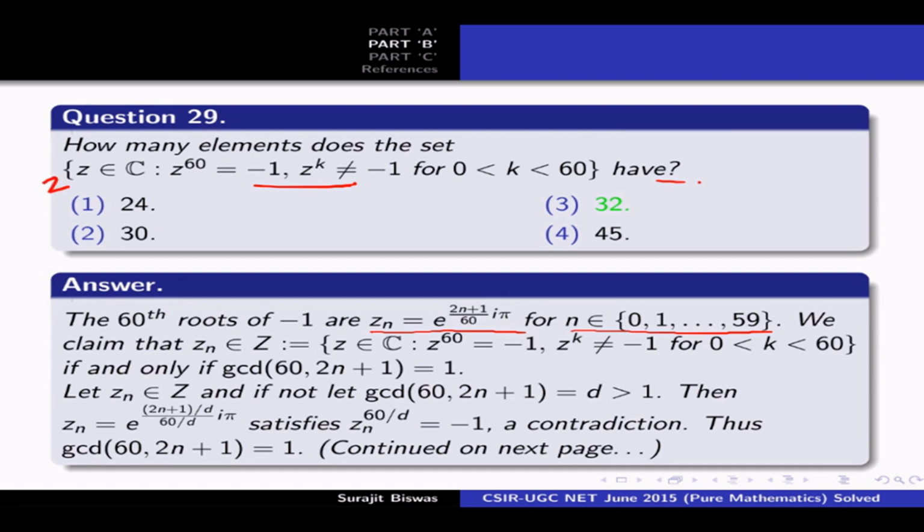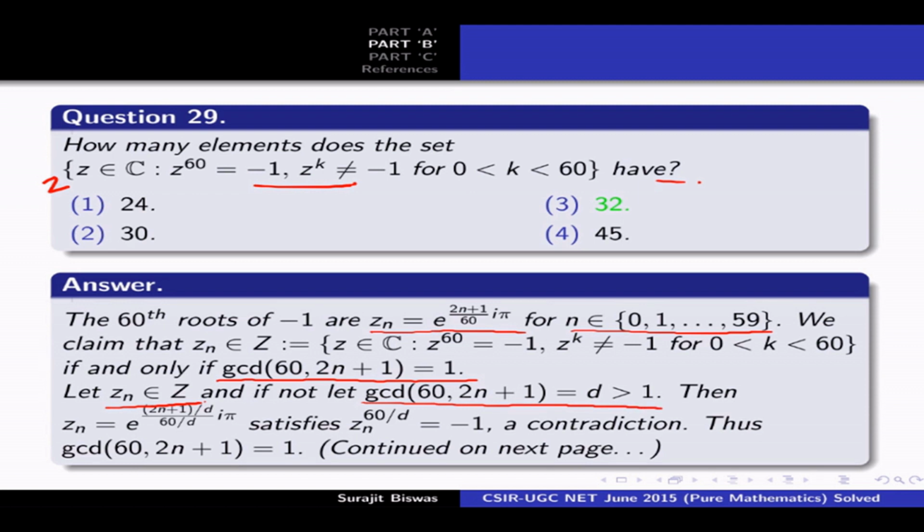We claim that Zn belongs to this set Z if and only if GCD of 60 and 2n+1 equals 1. To prove this, first let Zn belong to Z, and if not, let GCD of 60 and 2n+1 equal d, that is bigger than 1.